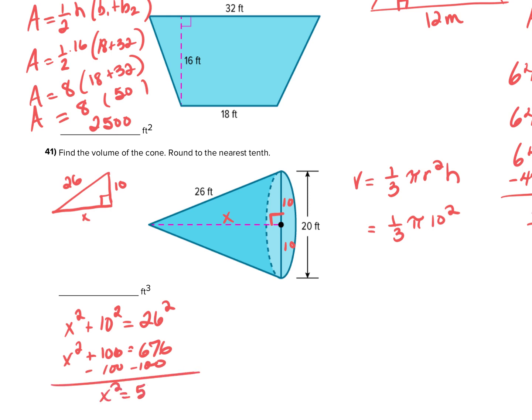I'm going to end up with x squared is 576, and when I take the square root, my height is 24. Okay, so now I can plug in my height of 24. Remember exponents first. So 1/3 pi times 10 squared is 100, times 24.